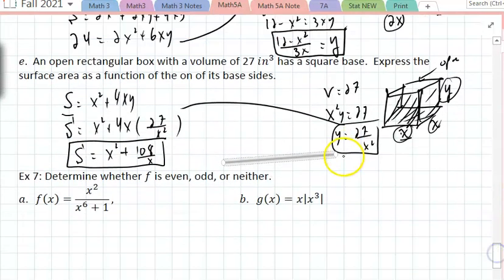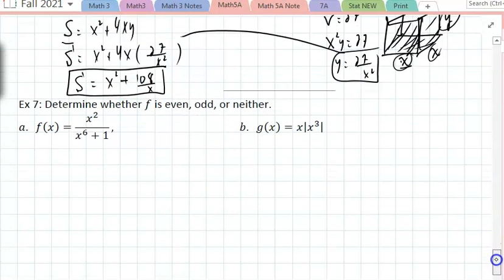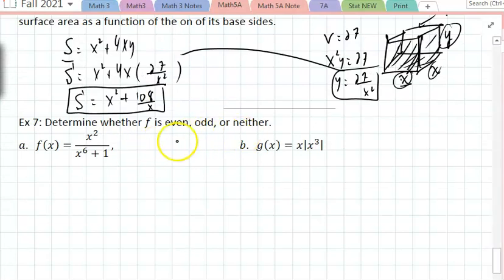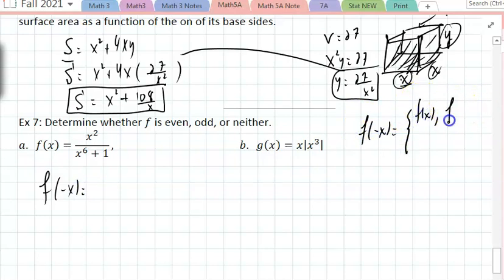And last thing I want to remind you of really quick, determine whether a function is even or odd. If you remember, you throw in a negative x. If the negative gets absorbed, so if f of negative x equals f of x, then we say f is even.